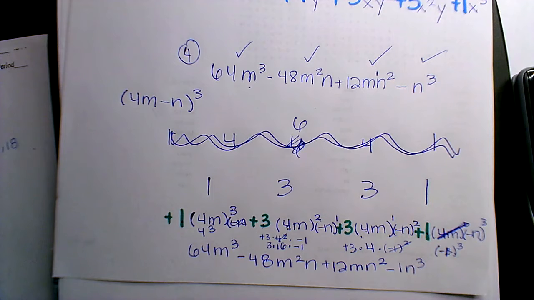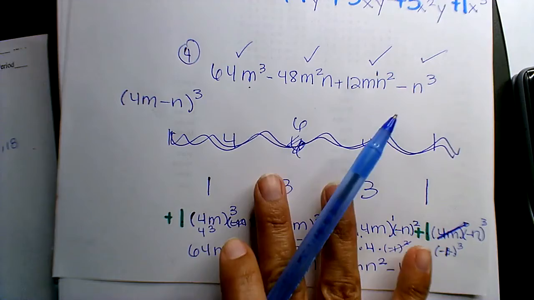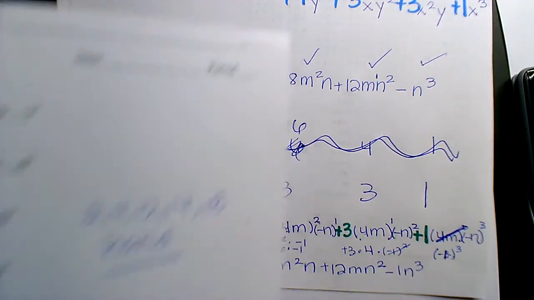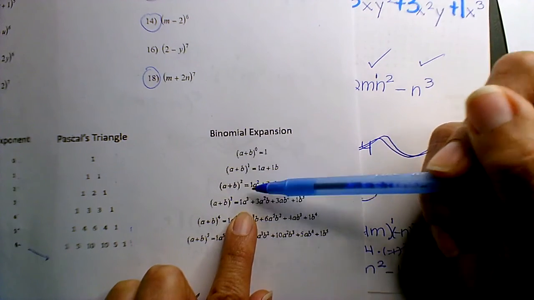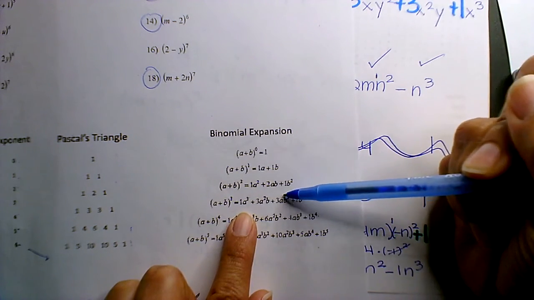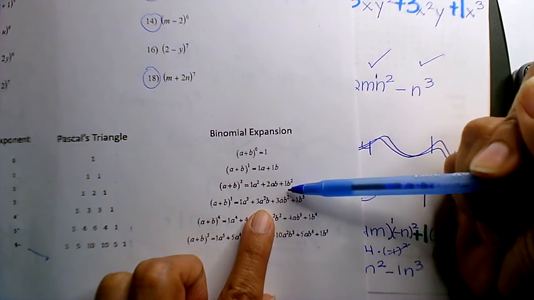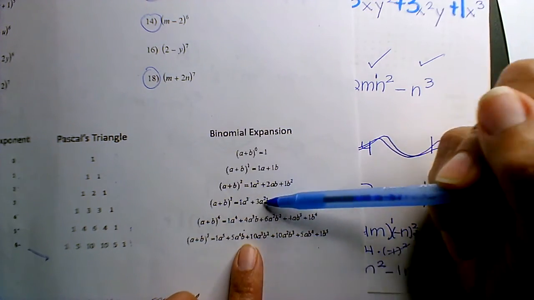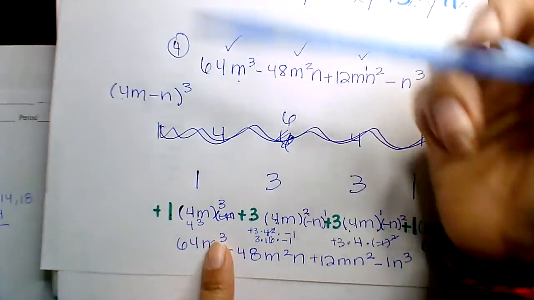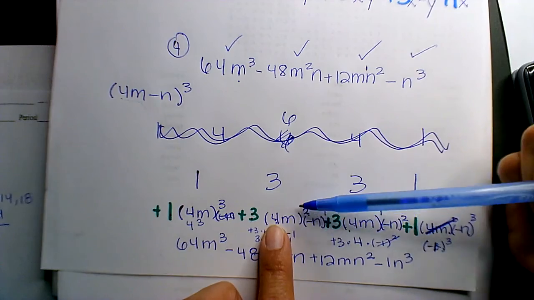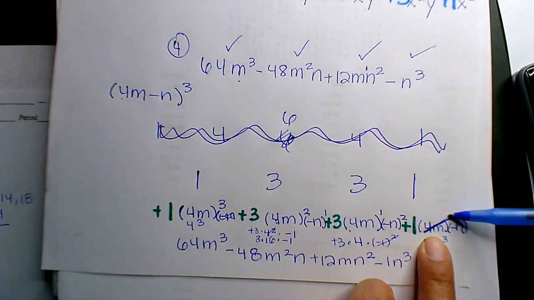Why do you make the second term to the third power negative? Oh, because, okay, hold on, let's first look at this. We're on the third one, right? So you go cubed, 2, 1, 0, and then you go 0, 1, 2, 3. Your powers are over this term: 4m cubed, 4m squared, 4m1, 4m0.